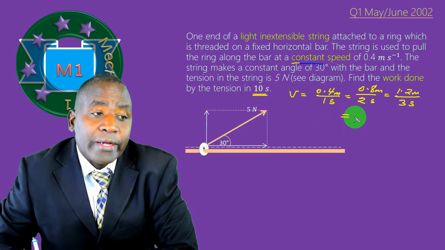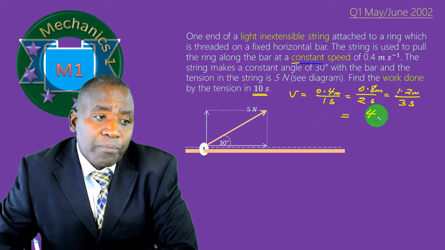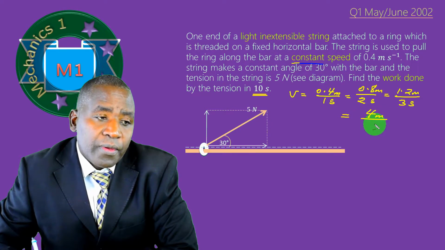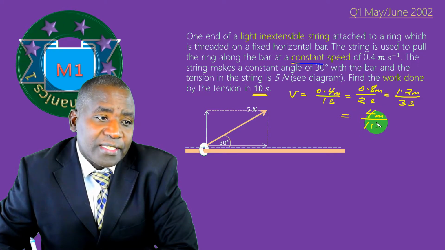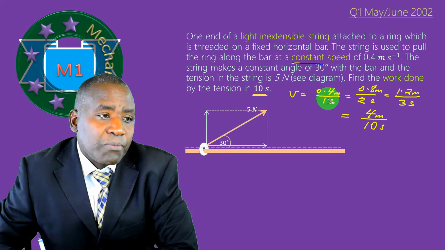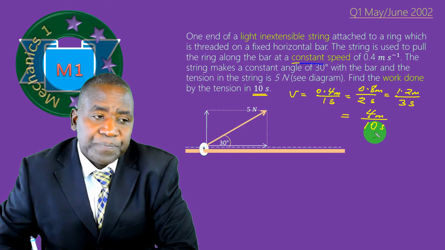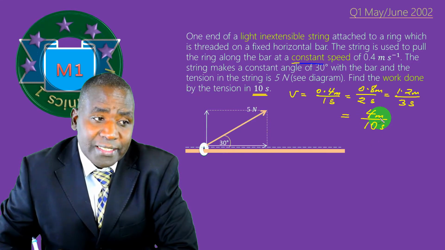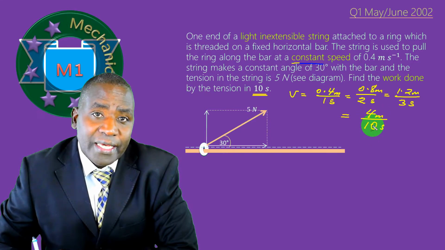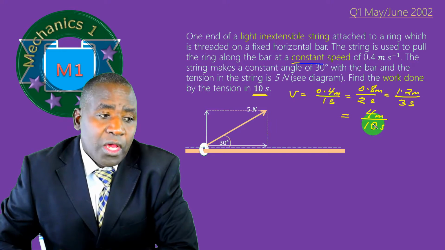10 seconds, you will agree with me that it will be 4 meters. And this will be 10 seconds. What I've done is multiply 0.4 meters per second by 10 seconds in order to get that distance. So the distance covered in 10 seconds is 4 meters.